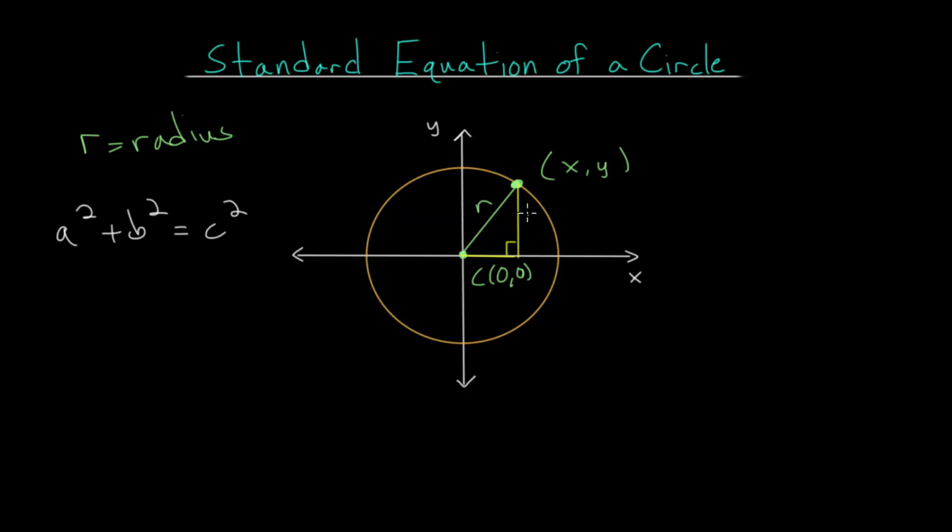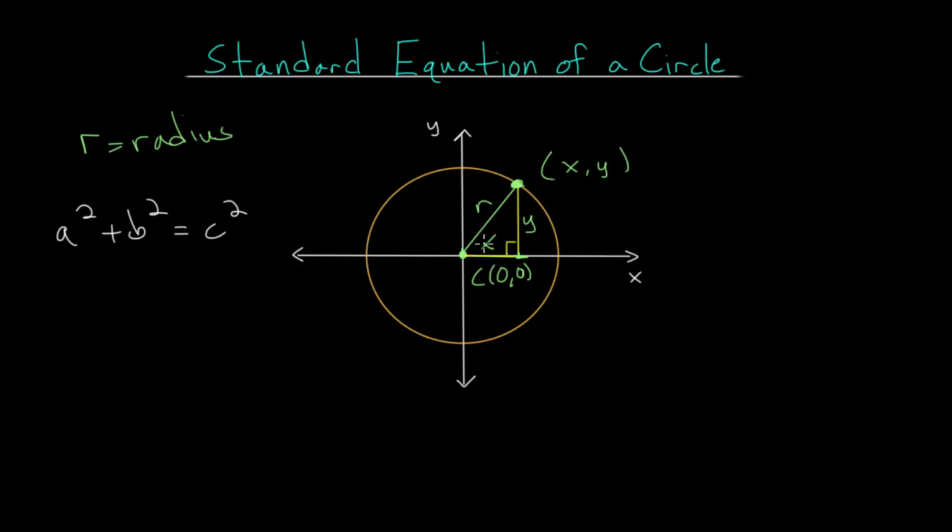So in this case, we just need to figure out the legs of this right triangle. And notice that this height here, this is at a height of 0, and this is at a height of y. So this height of the triangle is just y. And likewise, for the x values, this starts at 0 and goes all the way to an x value of x.